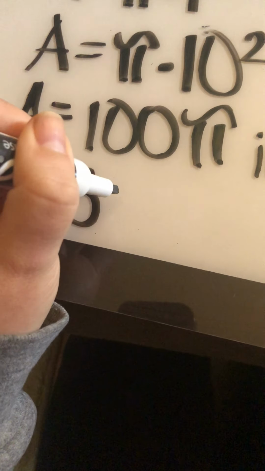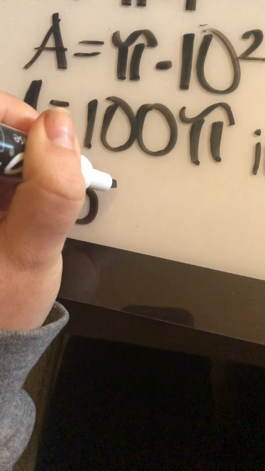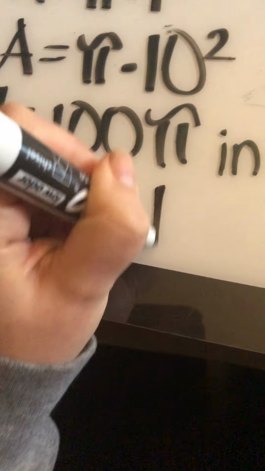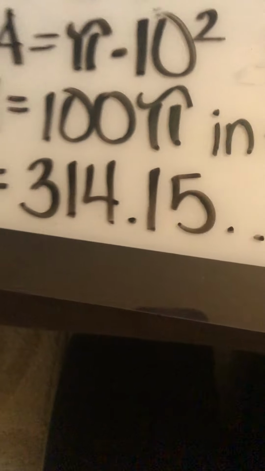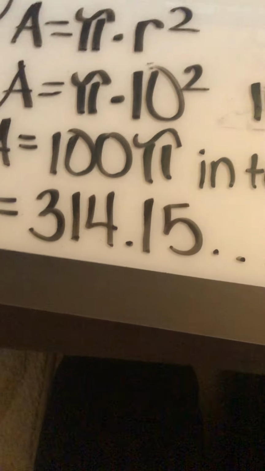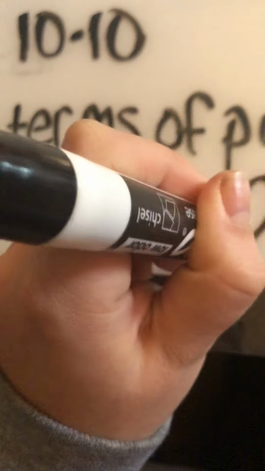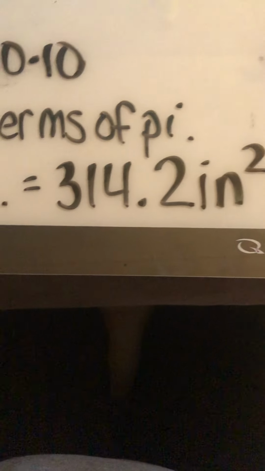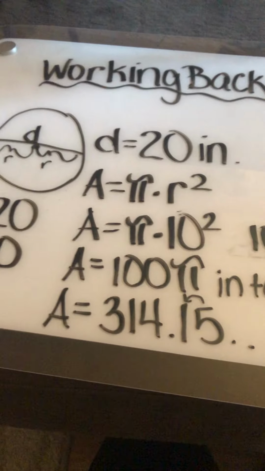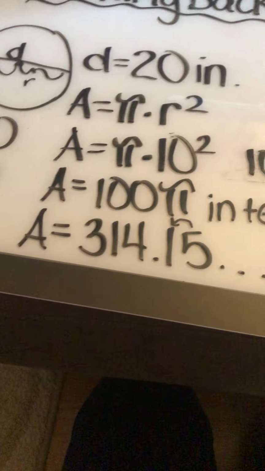It would be 314.15... Okay, and then we would round to the nearest tenths place, which would make this 314.2, and it was inches squared. Okay, so that's how you find your area of a circle as a reminder. That was our final answer.